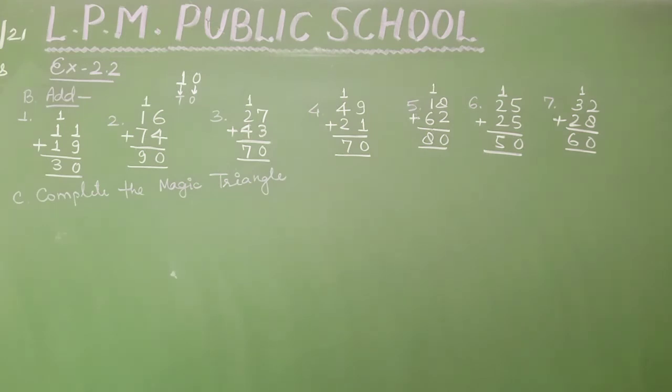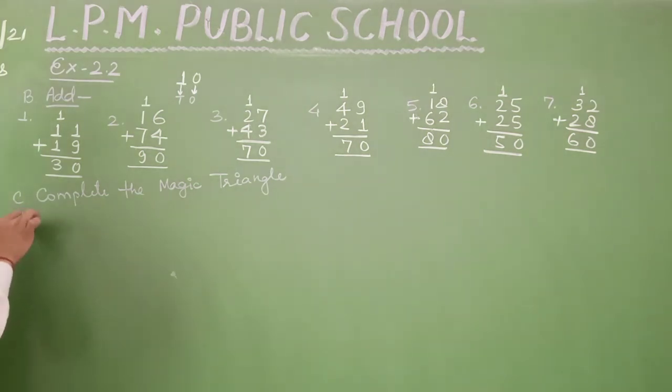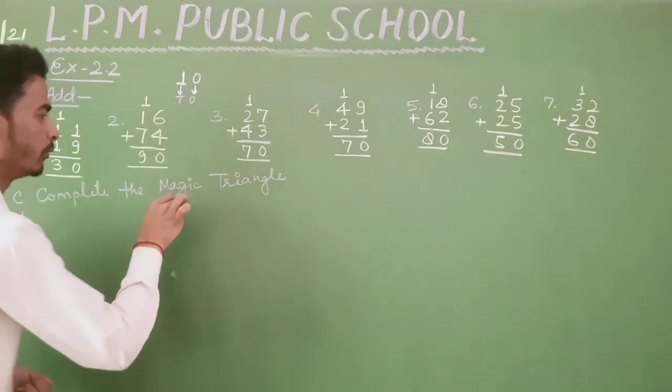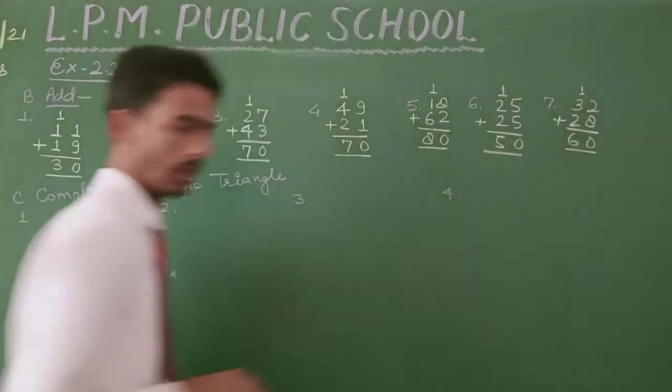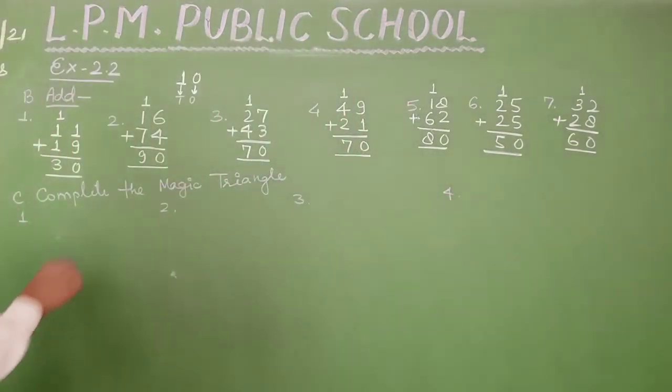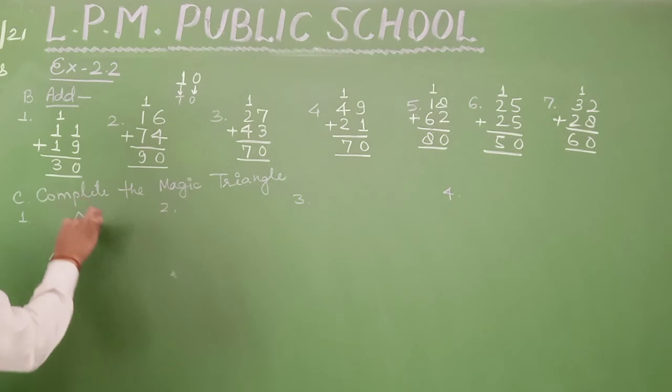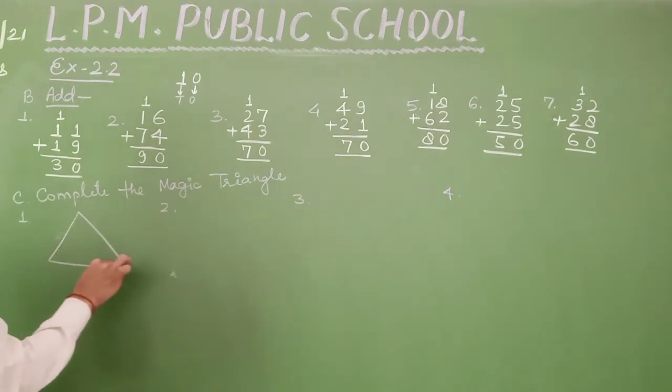You can see here that there are 4 questions related to magic triangles: 1, 2, 3, and 4.